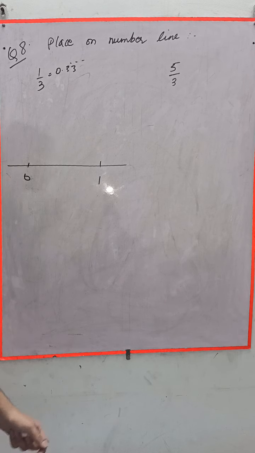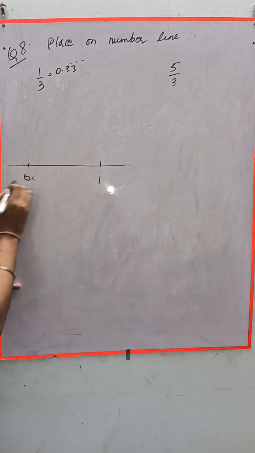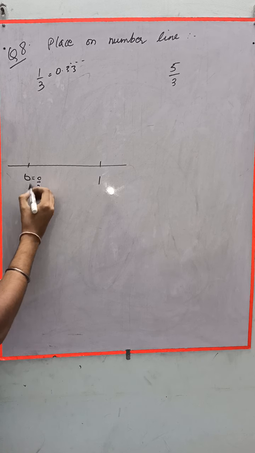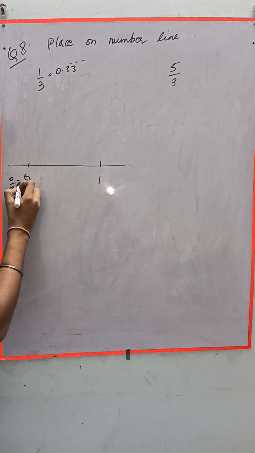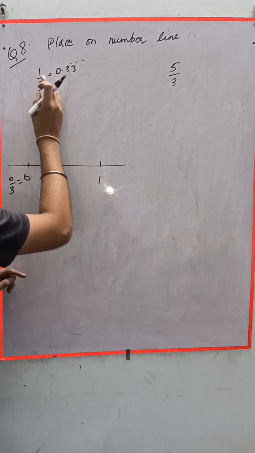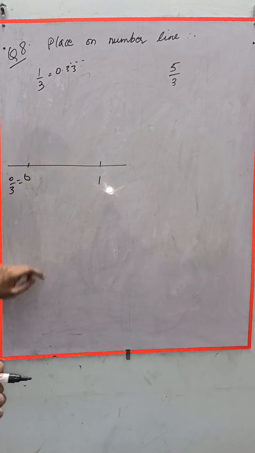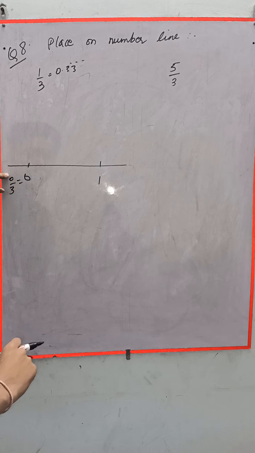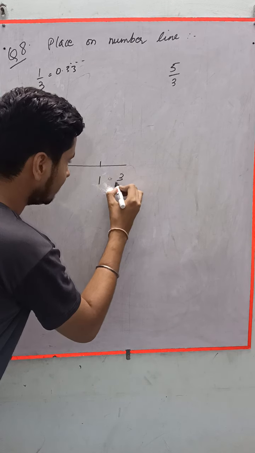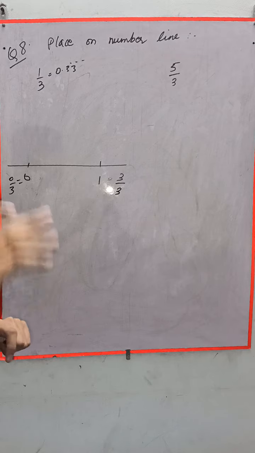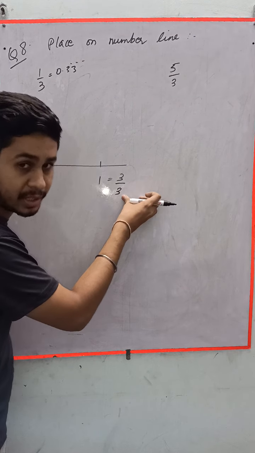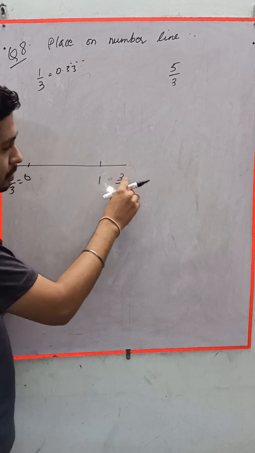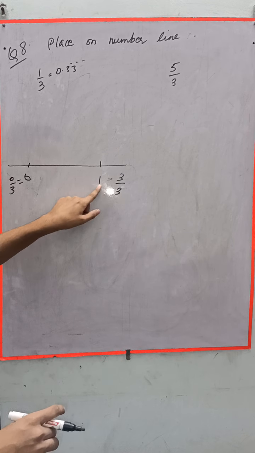Now how do you have to manipulate this? Can we write 0 as 0/3, because 0/3 is 0 only. I have the denominator 3, that is why 0/3 is 0, and 1 can be understood as 3/3, because 3 by 3 will be cancelled and we get 1.